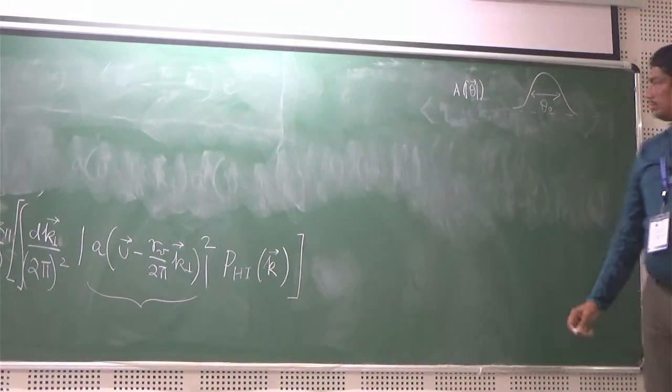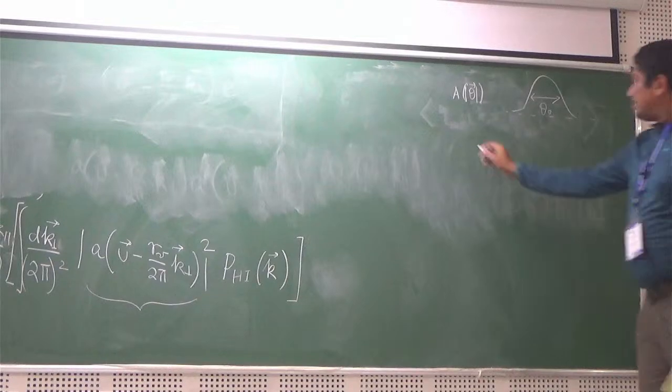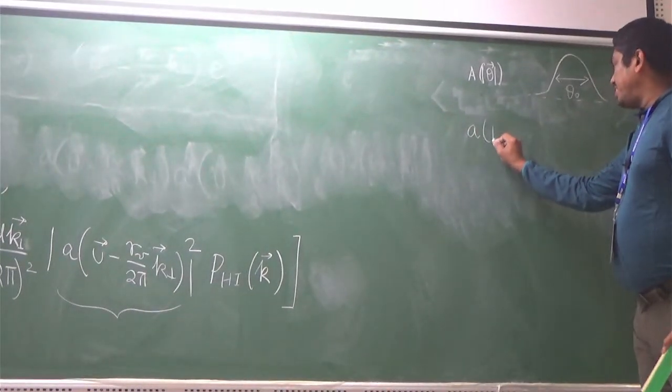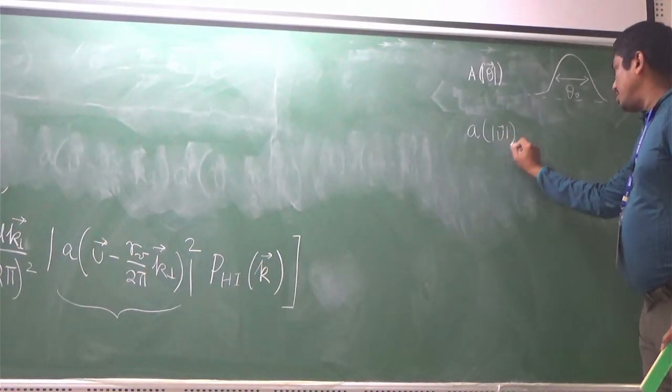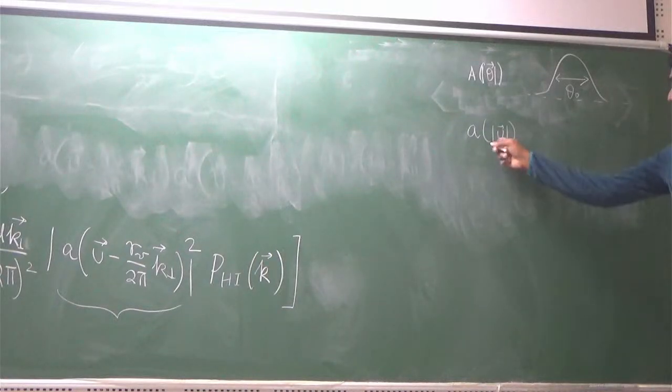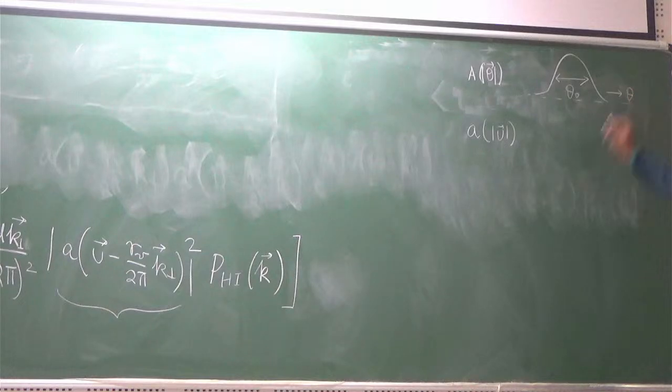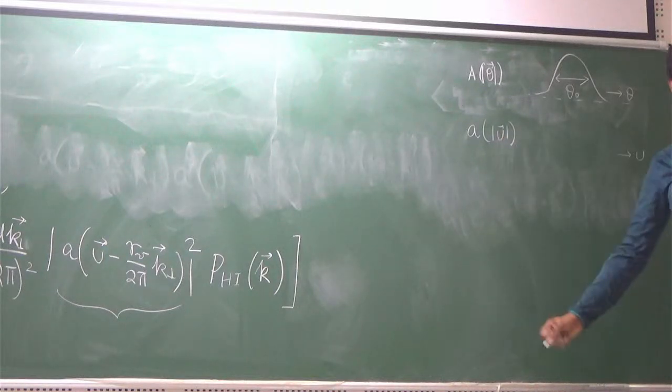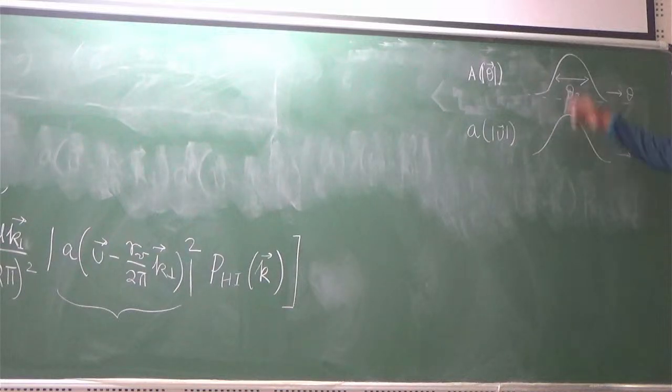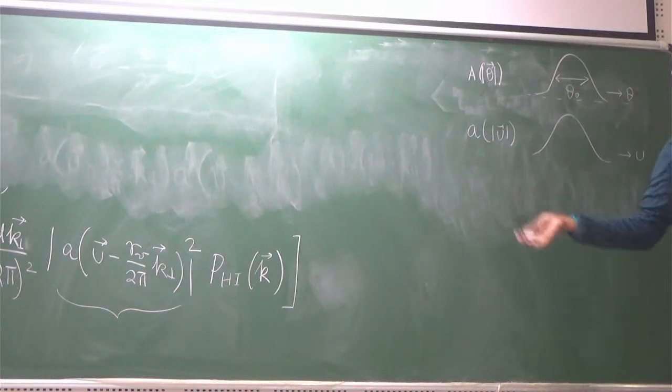Now, small a as a function of, again I will consider it isotropic as a function of that u. If I plot this, here the x-axis is obviously theta. If I plot this as a function of u, which is modulus of that vector u, if it's a Gaussian, it looks like a Gaussian.